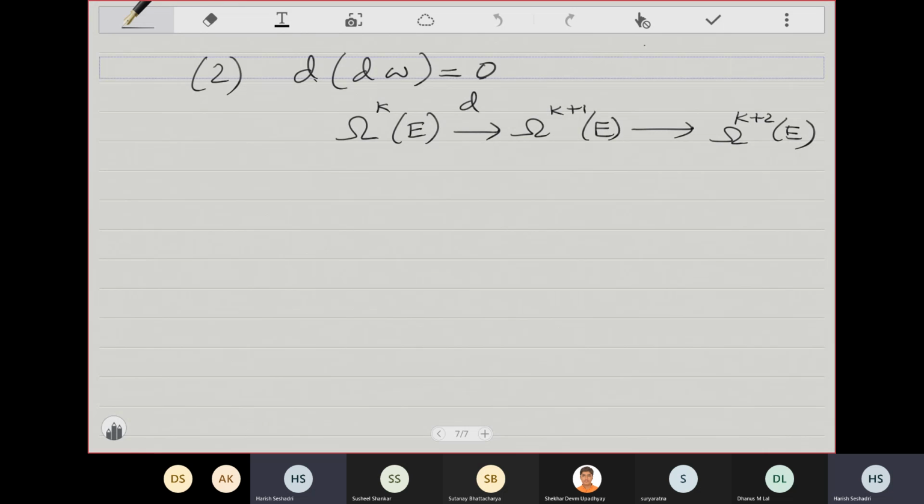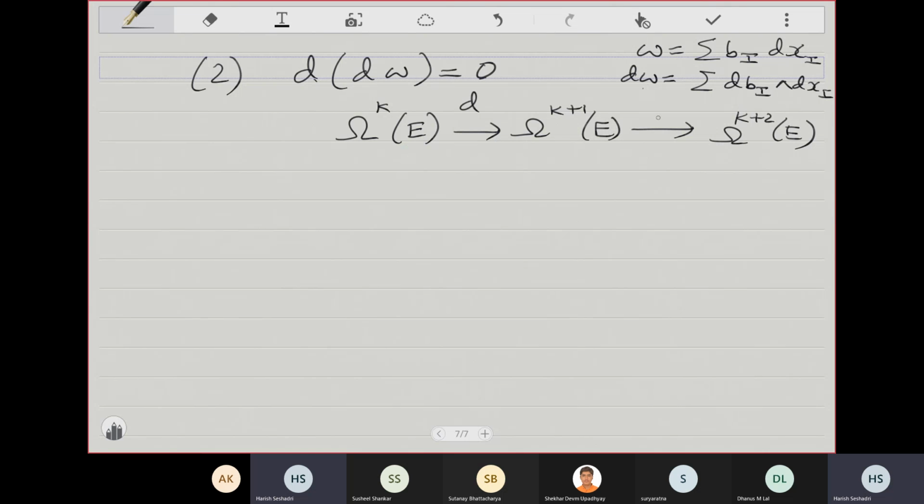Notice that the way d is defined, d omega will be the sum of d bi wedge dxi, right? And dbi is a one form. So a one form multiplied by a k form will be a k plus one form.